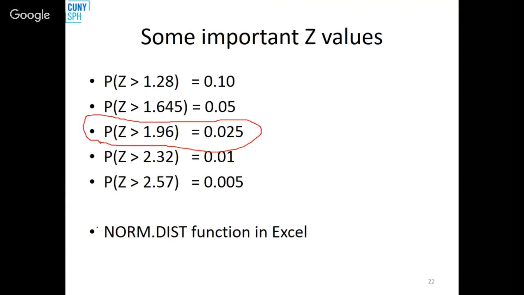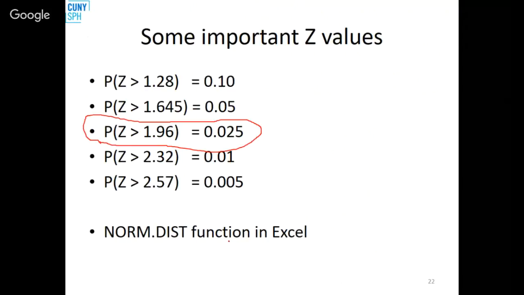A little hint, you can use the table, and that's fine. You can also use the norm.dist function in Excel. There's also a p-norm and a q-norm function in R, and I'm not sure how you do this.